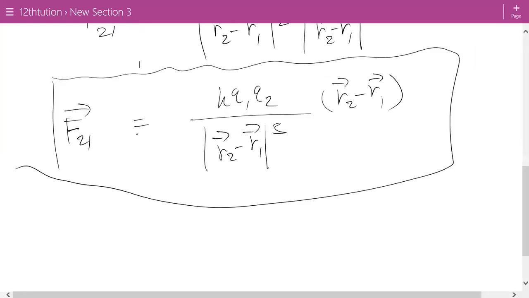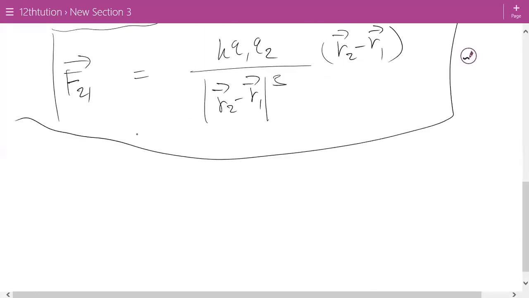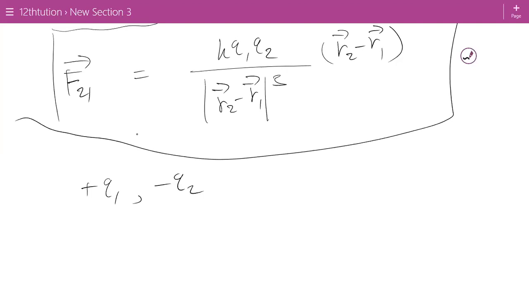There is one important thing about this vector notation. If any charge is positive or negative, you will put those signs here. If the charge is positive, you will put positive. If the charge is negative, you will put negative. So you can check: if Q1 is positive and Q2 is negative, what would you get? For the F21 vector, a minus sign will be there. So K Q1 Q2 with a negative sign due to the negative Q2 charge, which will be absorbed in this.